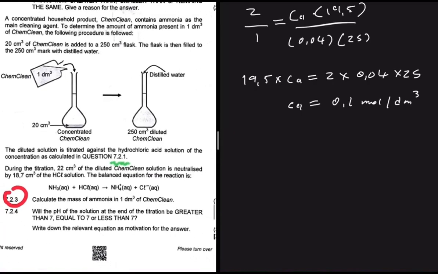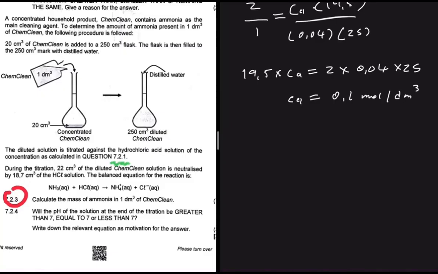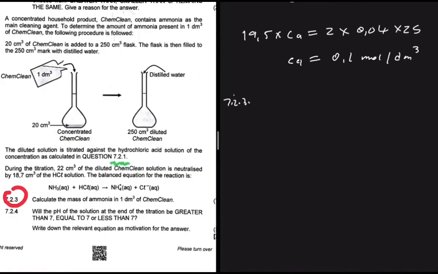So during the titration, 22 centimeter cube of the diluted ChemClean. So for the diluted base, the base diluted, right? Which volume is used? A volume of 22 centimeter cube is used.